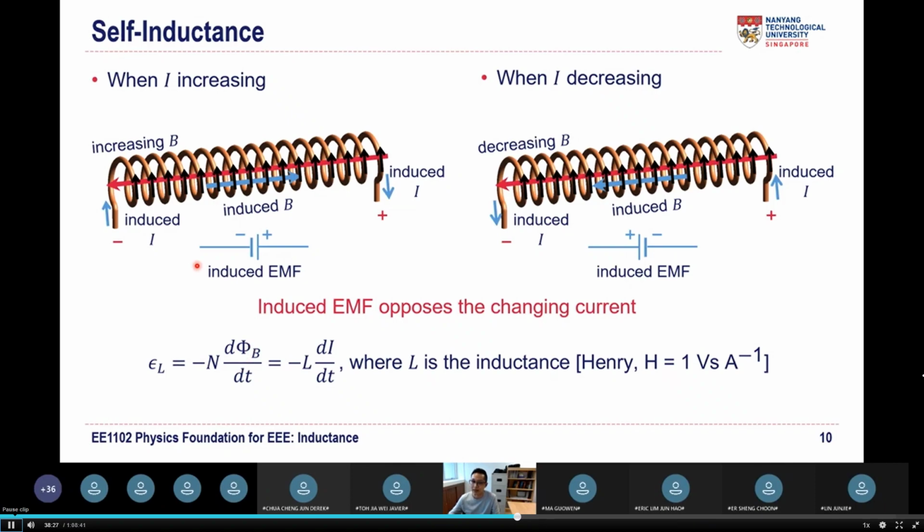How quickly the magnetic flux changes will give you how big this induced EMF is. So if you want to create a very big induced EMF, you need to change your current very quickly, in less than a second or something. Then it will create a very large induced EMF.